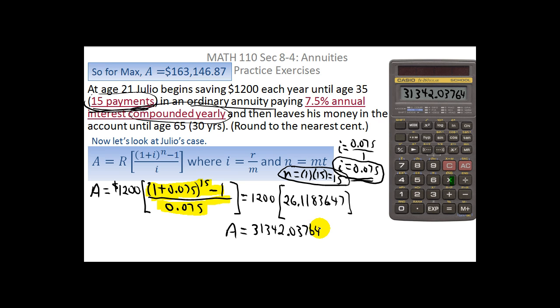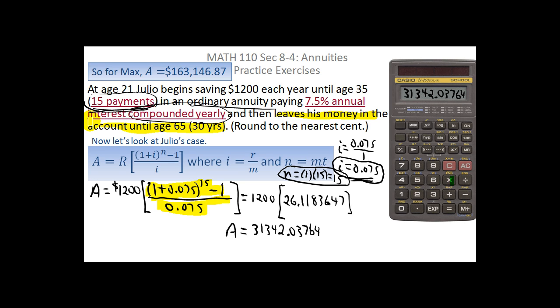It's a more complicated problem, because Julio is putting that money in, $1,200 a year for 15 years, and then he just lets it sit there. He just leaves that money in the account for another 30 years. So that A there represents how much money Julio had after 15 years.